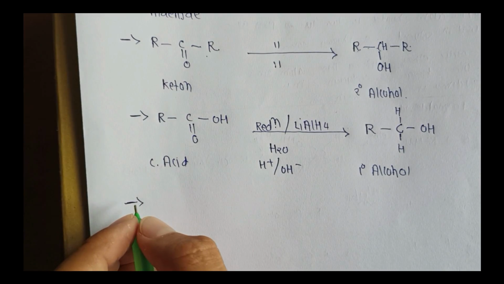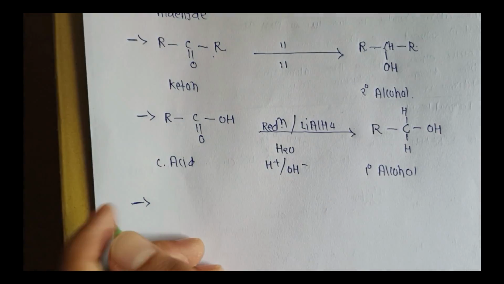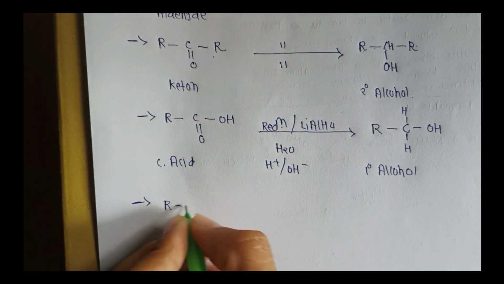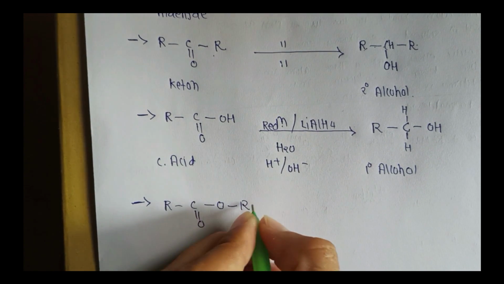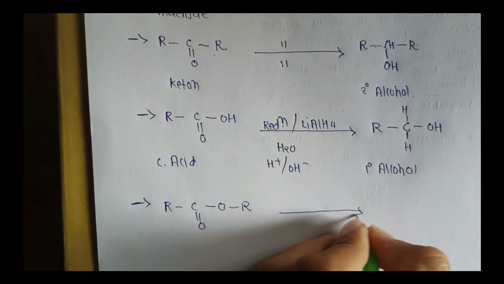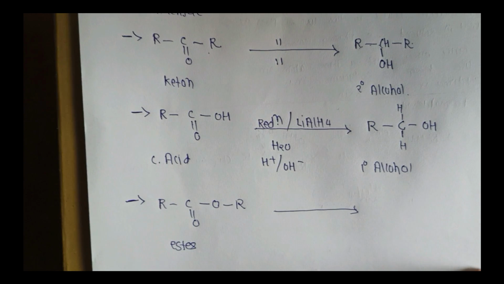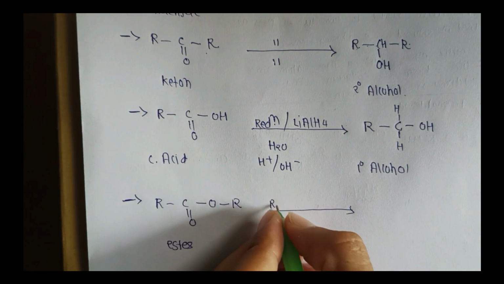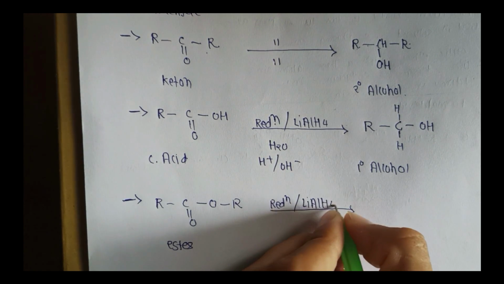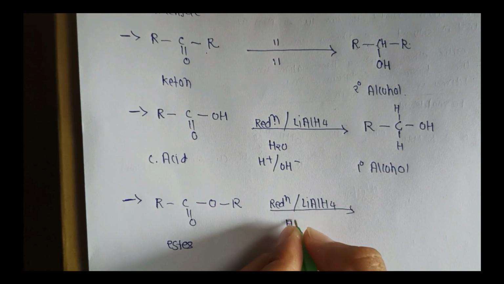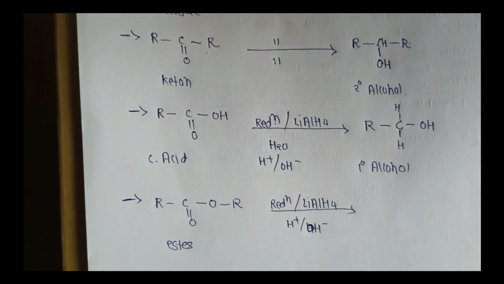Fourth method is ester. Ester means R C double bond O and OR. This is the structure of ester. Same reduction process in presence of LiAlH4, lithium aluminium hydride, and H2O, H plus and OH minus.